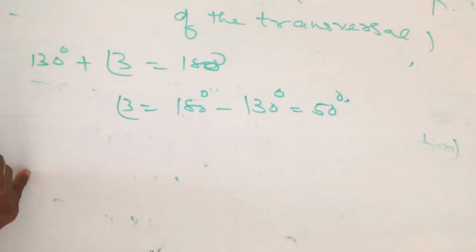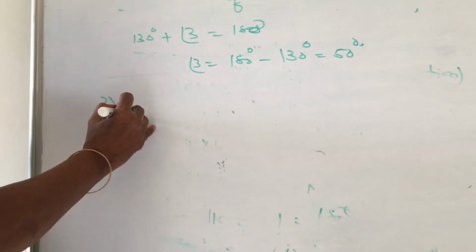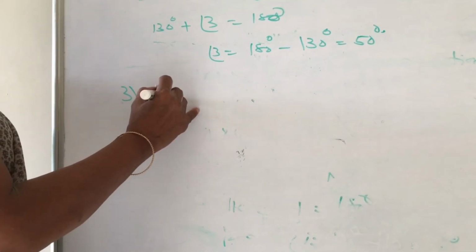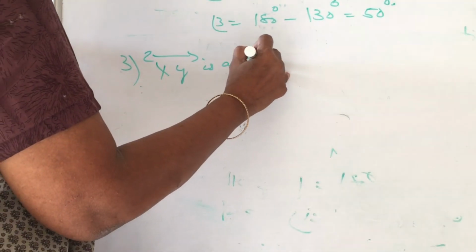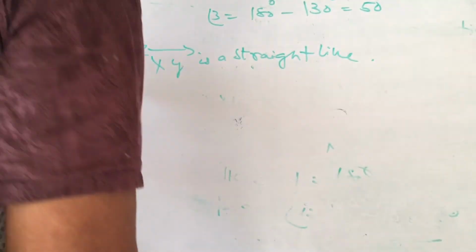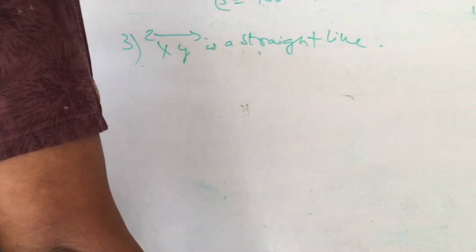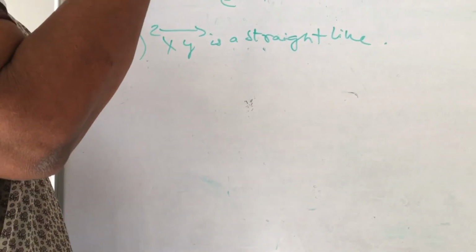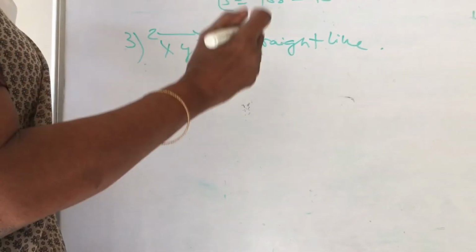Yes, third bit, children. What is XY in the figure? Observe carefully. XY is a straight line. We have been learning from ages since, a line can have any number of angles, but the sum is equal to 180 degrees.